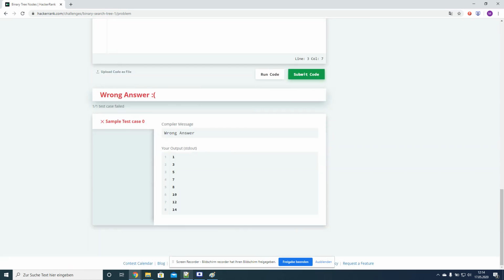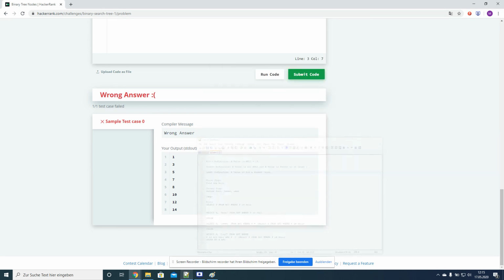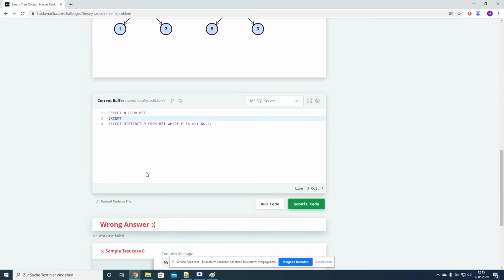Now we just have to get the inner values. How do we get the inner values? Very easily here. Well, the inner values are everything except the root value and the leaf value. So first let's say this one is inner.